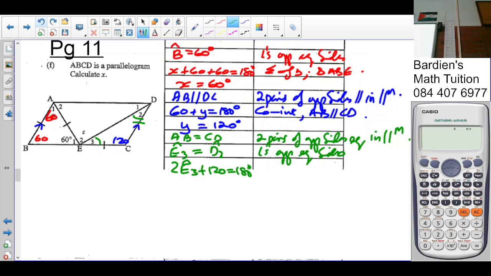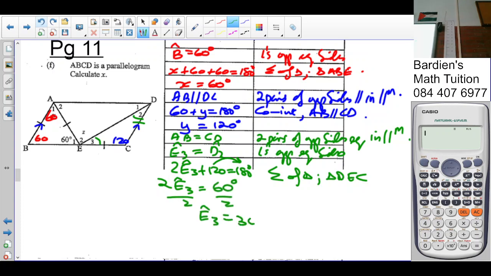Why? Sum of angles in triangle DEC. Take that 120 over. Twice angle E3 is equal to 60 degrees. Divided by 2, E3 is going to be 30 degrees. There is 30 and 30.